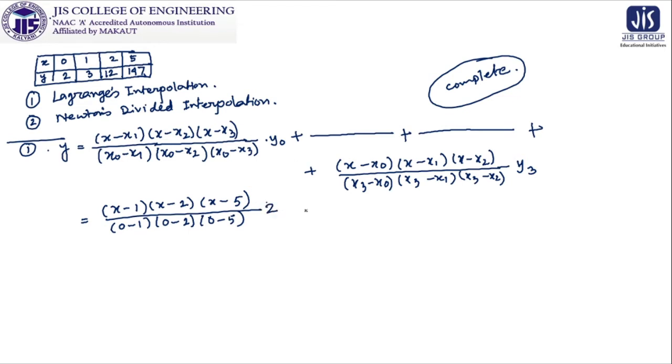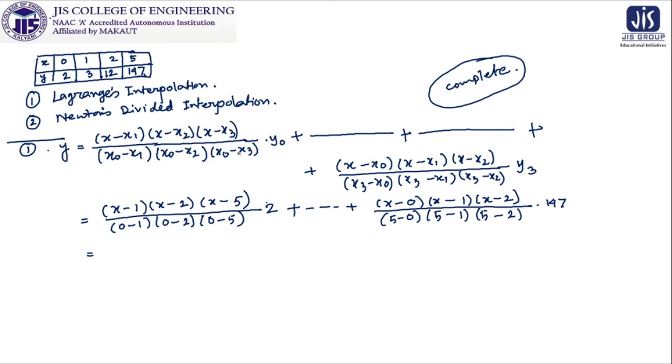So y0 here is 2, plus x minus 0, x minus 1, x minus 2 by 5 minus 0, 5 minus 1, 5 minus 2 into 147.